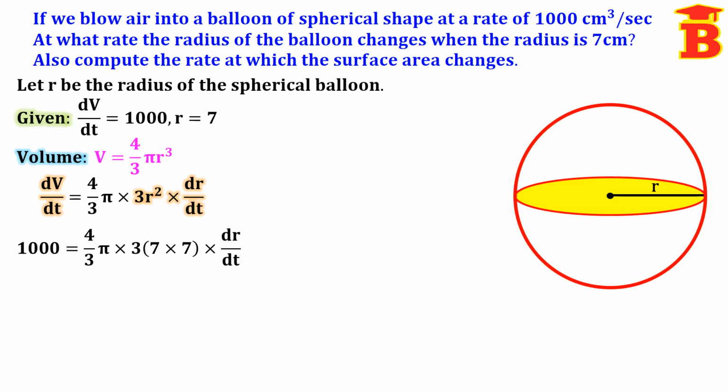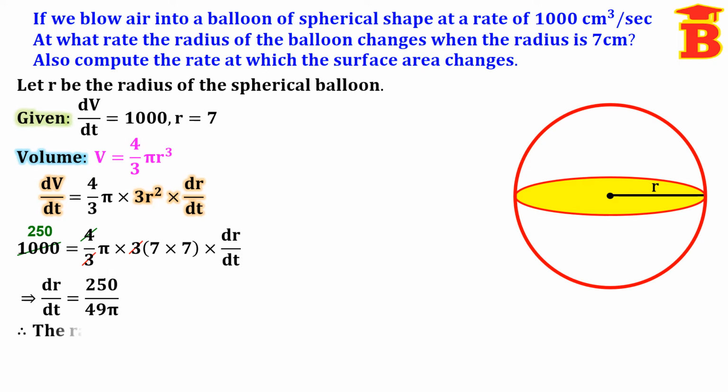Here we can cancel 3 and 3. Next we can cancel this 4 and 1000, 250 times. And just cross multiply. This 7 into 7, 49 pi. So this 49 pi cross multiply to the other side, we get 250 divided by 49 pi. So this is the answer for dr by dt.